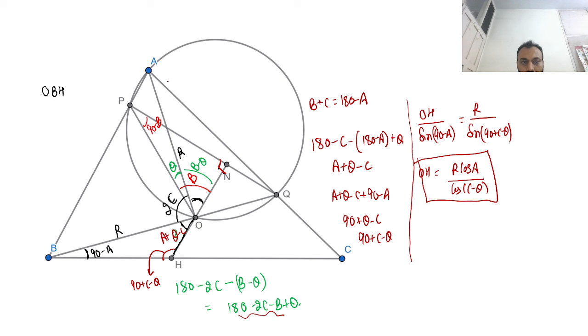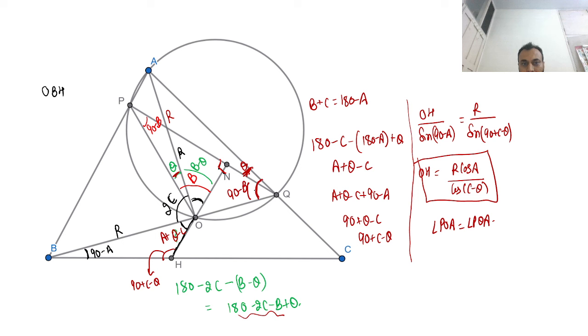If we consider OA, O is a capital R, and if we see this angle, this part of the angle is 90 minus B, right? And this angle is theta. By angle chasing, we can say this angle is theta, because angle POA is equal to angle PQA.